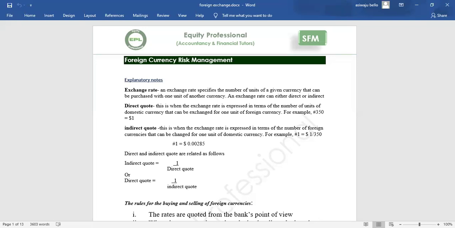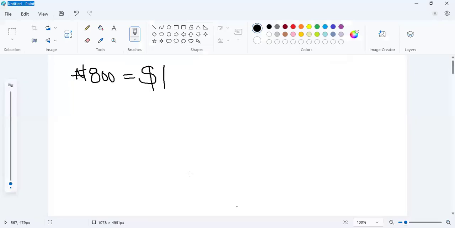Like the example we gave here, this is a direct quote. Naira is domestic. Dollar is foreign currency. So the number of units of domestic currency that is needed to buy 1 unit of foreign currency is referred to as direct quote.